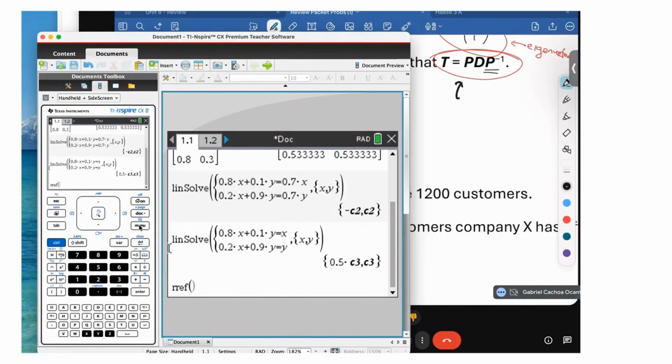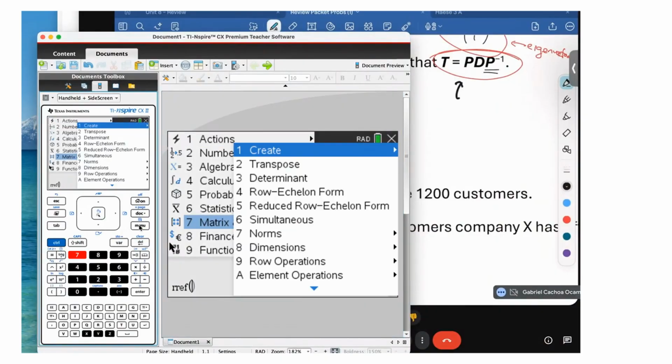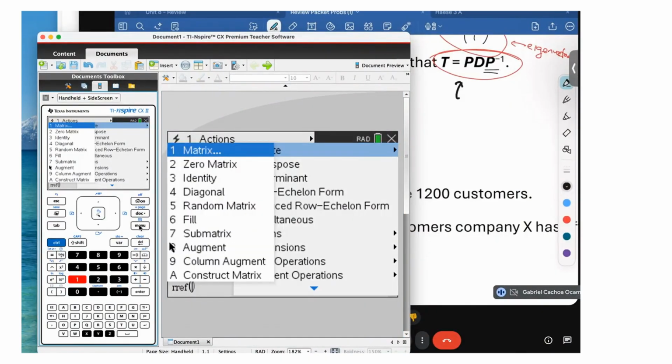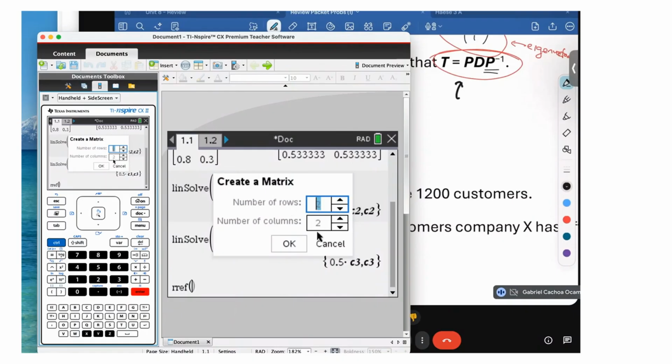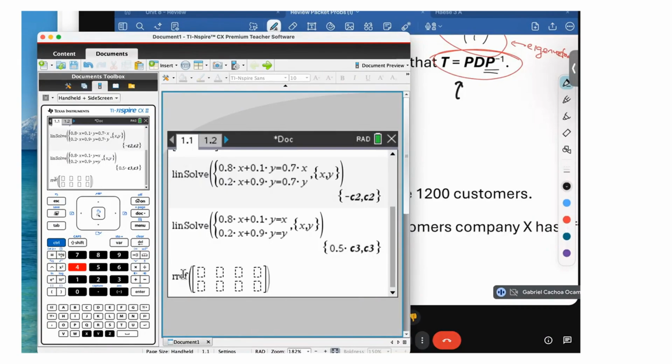And in here, I'm going to create a matrix. But remember that this time it won't be a 2 by 2. It's going to be a 2 by 4 inside of the reduced row echelon form. In here, I'm going to write the matrix P, and then I'm going to write the identity matrix. So the matrix P for us is negative 1, 1, 0.5, 1. And here, I write the identity matrix.